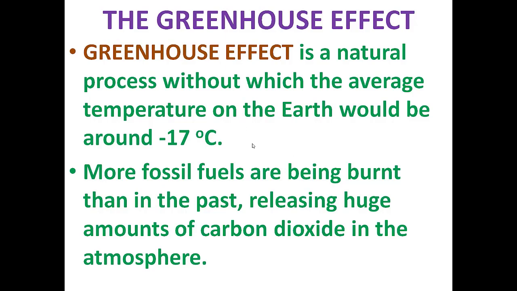Because of the absorption of the radiation, and the warming up of the atmosphere, the earth's surface and the air to suitable levels of temperature, it's possible for living things to survive. And this is the greenhouse effect.